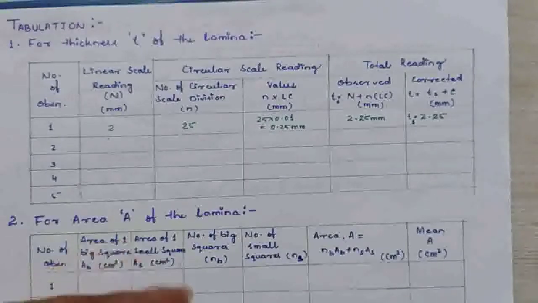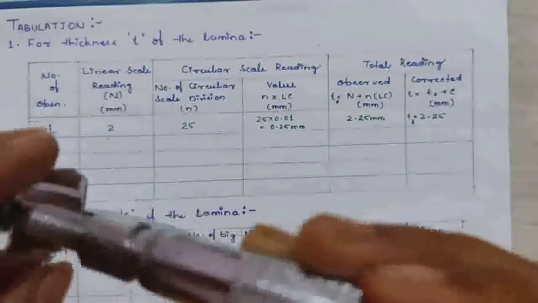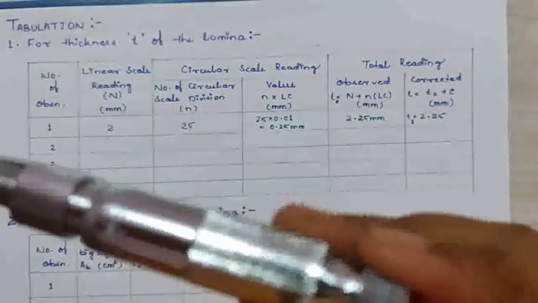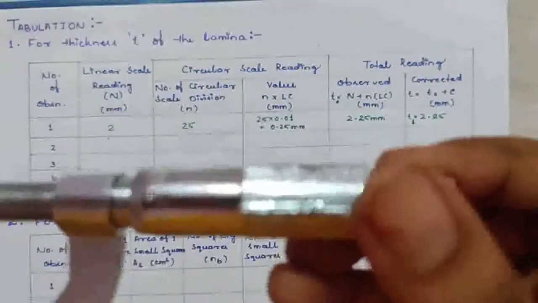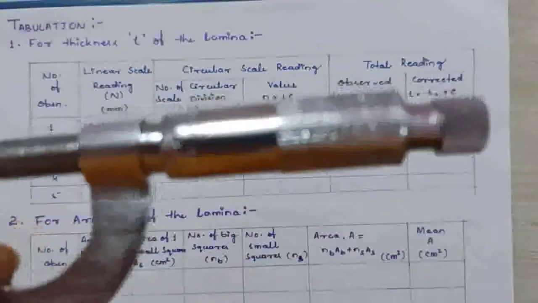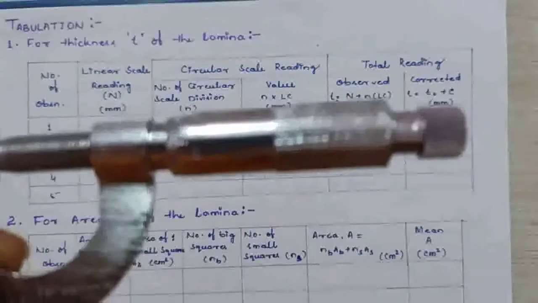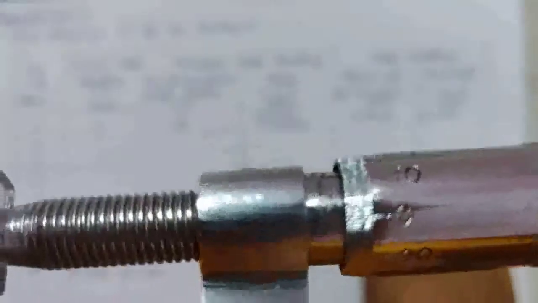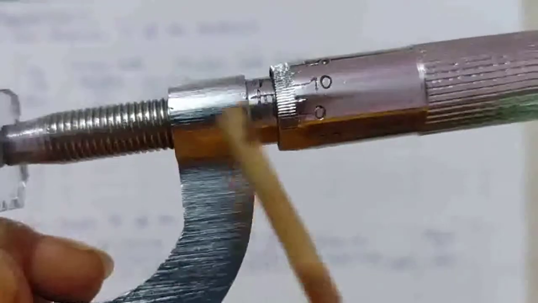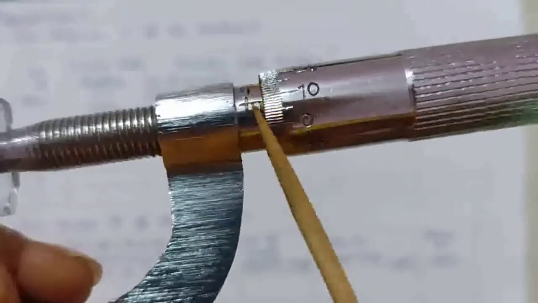We have to place the lamina at some other place. Yes, it is perfectly fixed now, as you can see. Now let us see the linear scale reading here. So as you can see, in this case also we are getting the linear scale division as 2 millimeter.